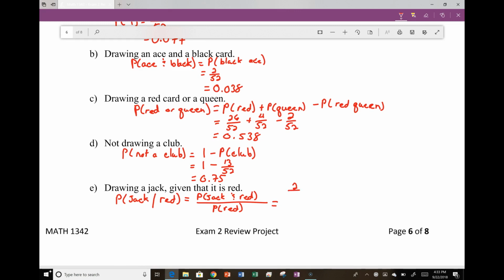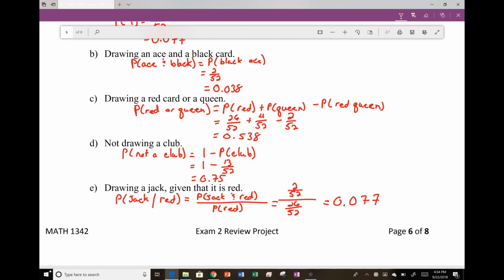There are 2 out of 52 red jacks. How many red cards are there? There are 26 out of 52 red cards. So we're going to take 2 divided by 52, and then divide that by 26 out of 52, and we get 0.077.